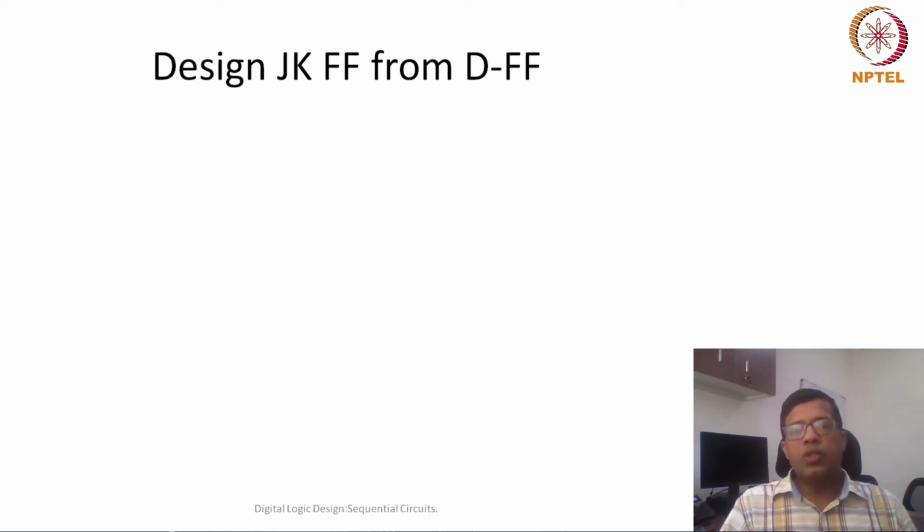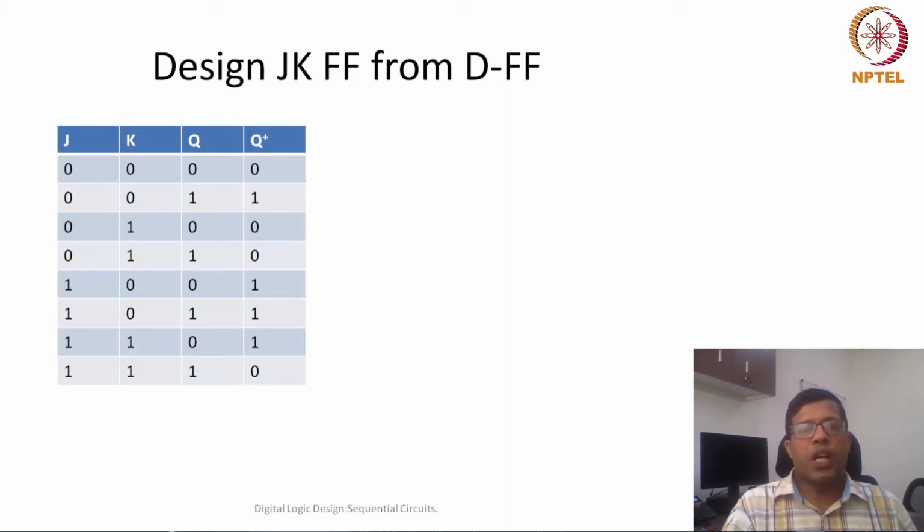From the theory of the JK flip-flop, we know this is the truth table: when J and K both are 0, Q plus, the next state of Q, will be the same as the previous Q. If J is 0, K is 1, the next state is always 0, independent of the previous state.